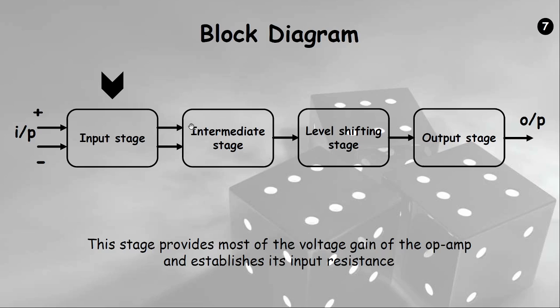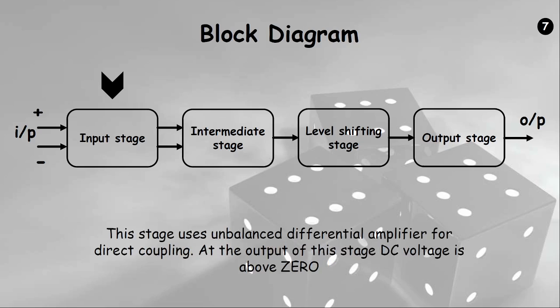So we'll see what exactly is meant by the intermediate stage. The intermediate stage has balanced input, because it has two inputs, and unbalanced output. What exactly is meant by balanced input and balanced output? For the first stage there are two inputs and two outputs, so this is my balanced stage, because the number of inputs and outputs are the same.